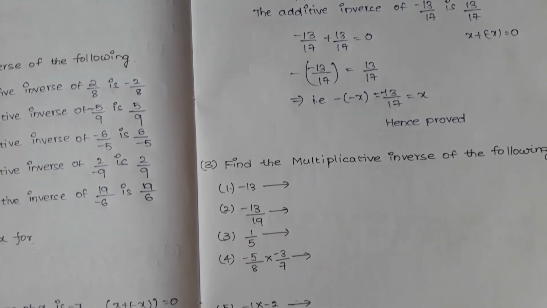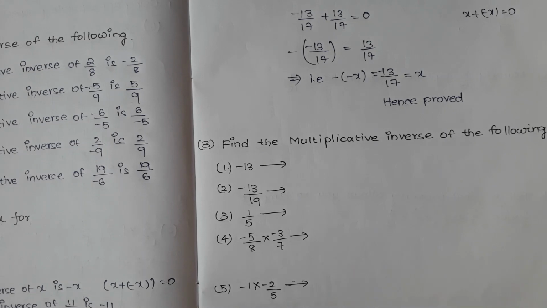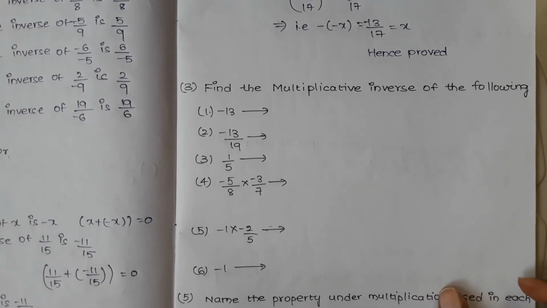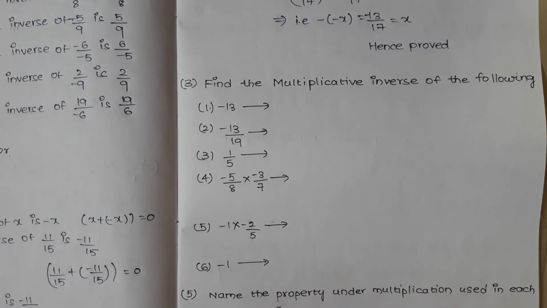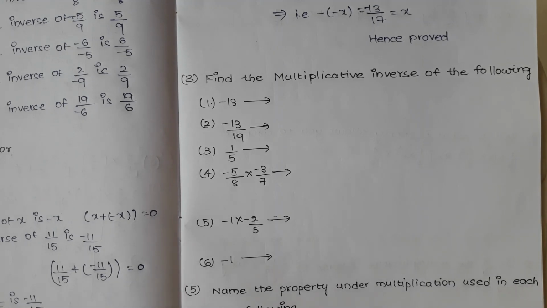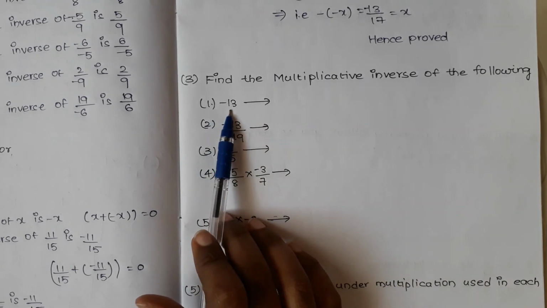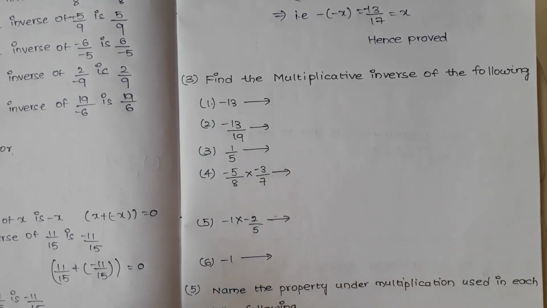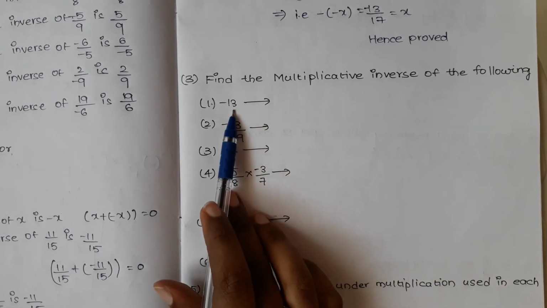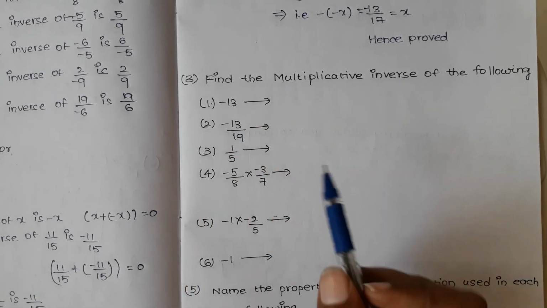Let's see the next question, that is, find the multiplicative inverse of the following. In the previous video we said that the multiplicative inverse is nothing but the reciprocal of a number. First one is minus 13, and the multiplicative inverse of minus 13 is minus 1 by 13.